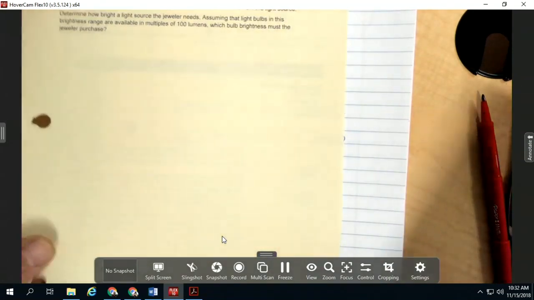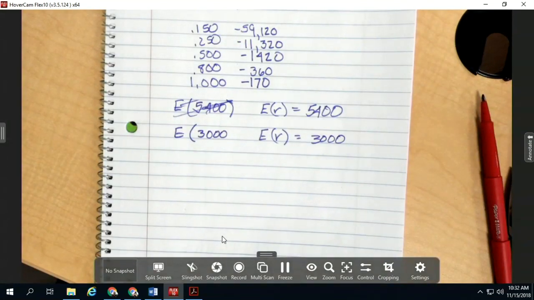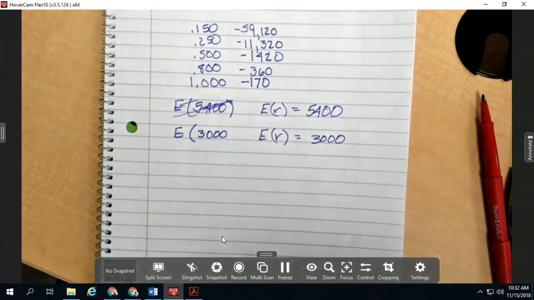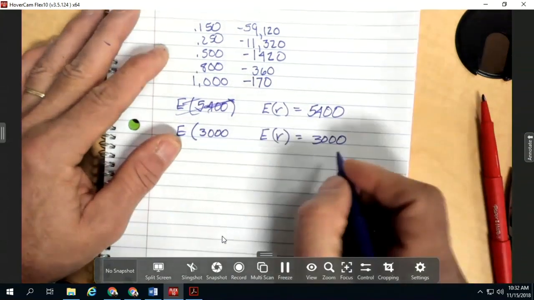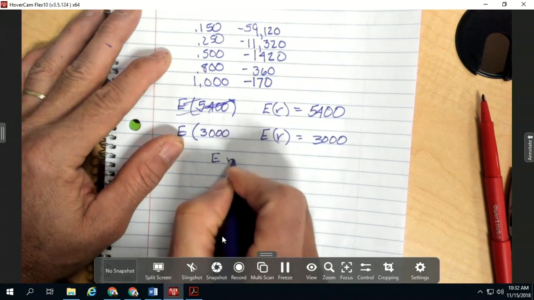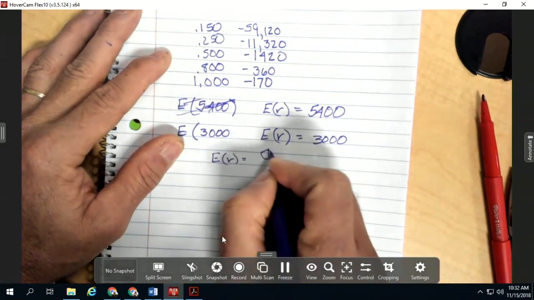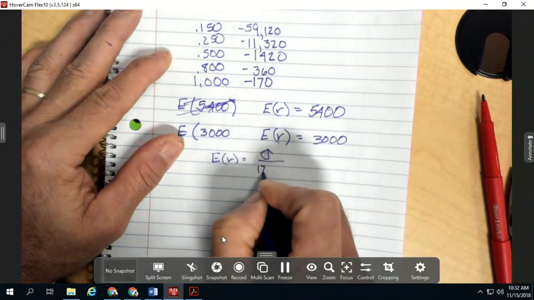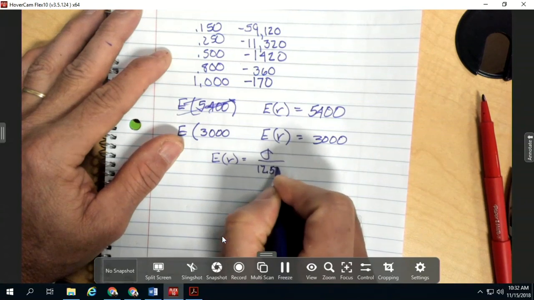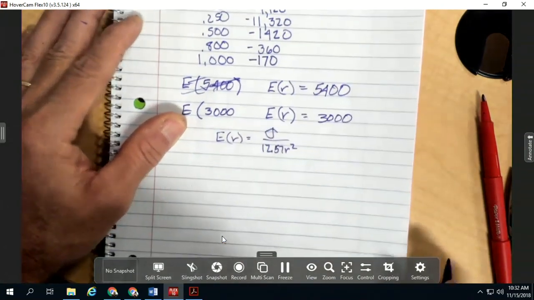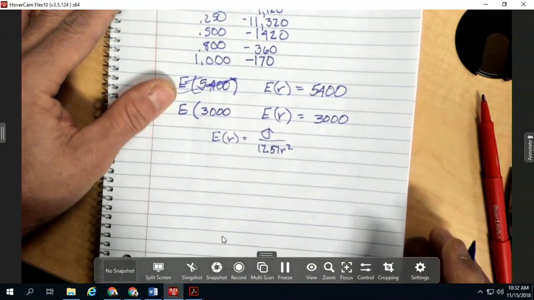In our formula, it tells us that E is phi over 12.57 R squared.